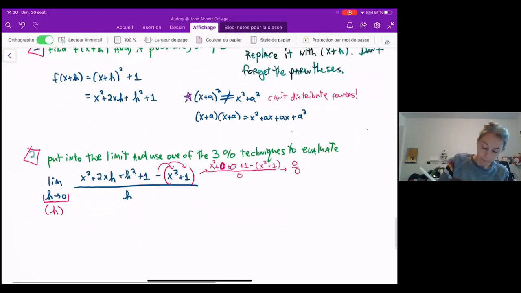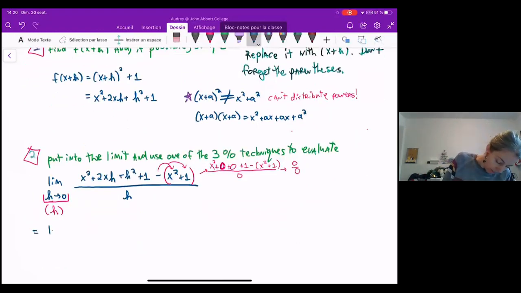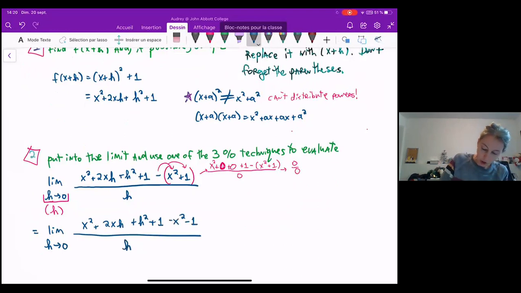And I'm going to start off by distributing that minus sign. So this is the limit as h approaches 0 of x squared plus 2xh plus h squared plus 1 minus x squared minus 1 all over h. And check it out, those x squareds cancel out and those 1s cancel out.